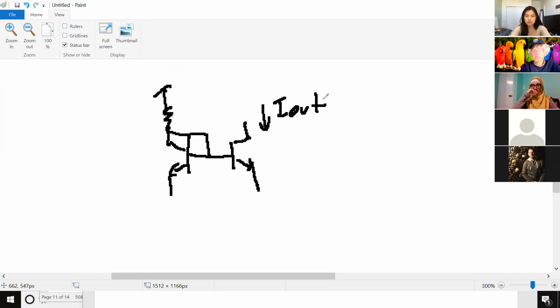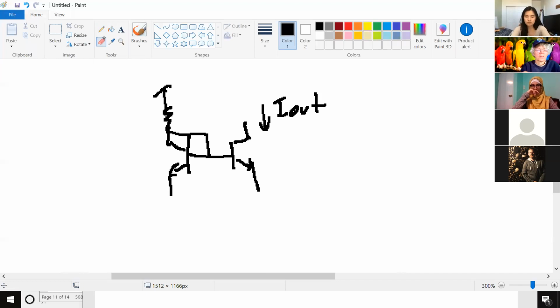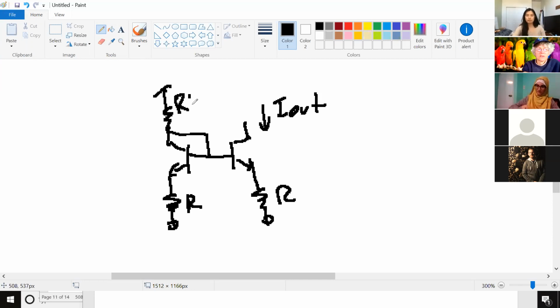This pretty much looks like the same circuit if I connected these to ground. But it turns out there's a little trick you can use to protect your circuits, and that is to put a resistor down here. And for this example, I'll just name them the same thing.